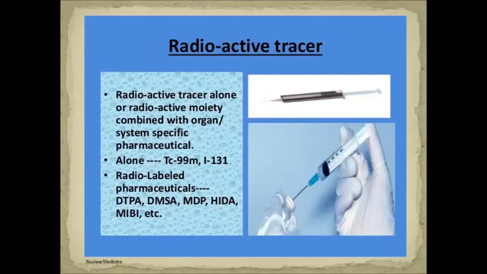Radioactive tracers may be alone or a radioactive moiety combined with organ or system specific pharmaceuticals. Examples of radioactive tracers used alone are technetium and iodine.